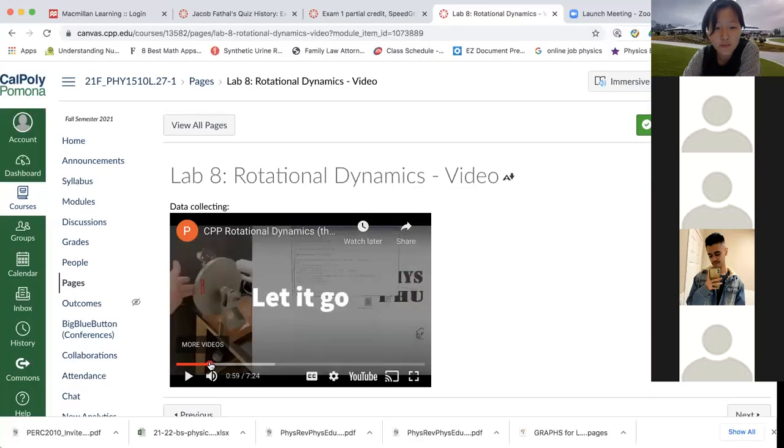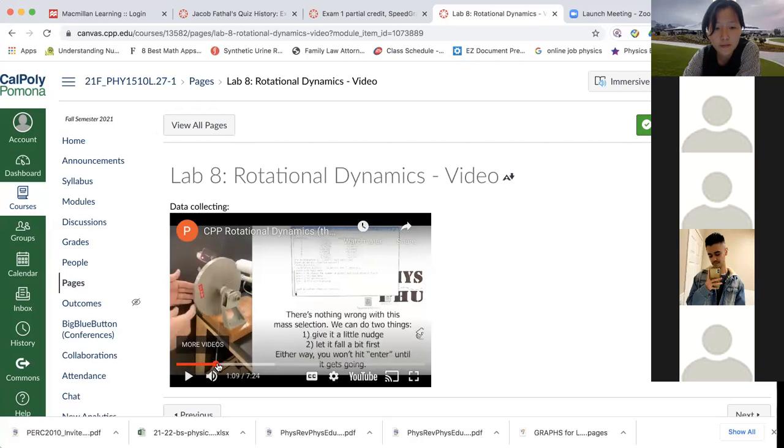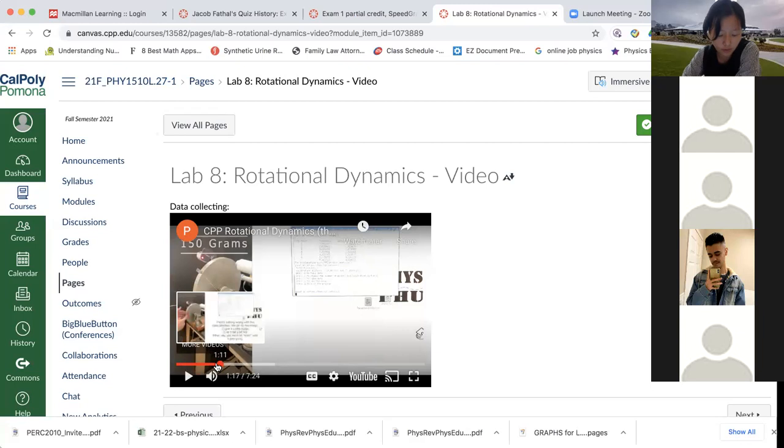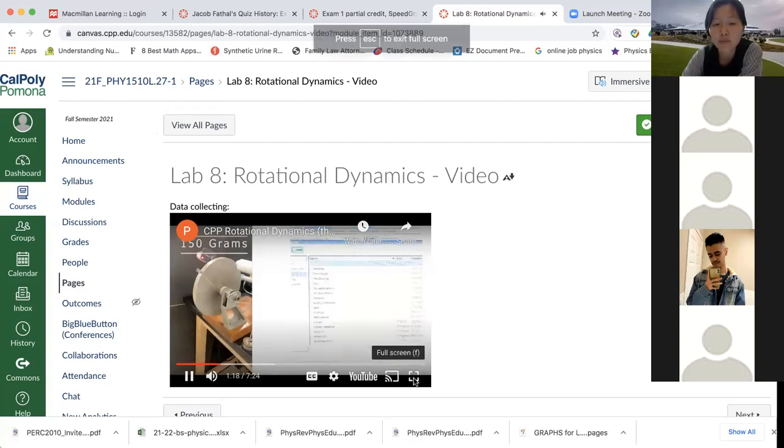So part A. Is it 150 grams they started with? Yeah, 150 grams. They start out the lab with 150 grams, and you want to write 0.15 kilograms because our data is using SI units.